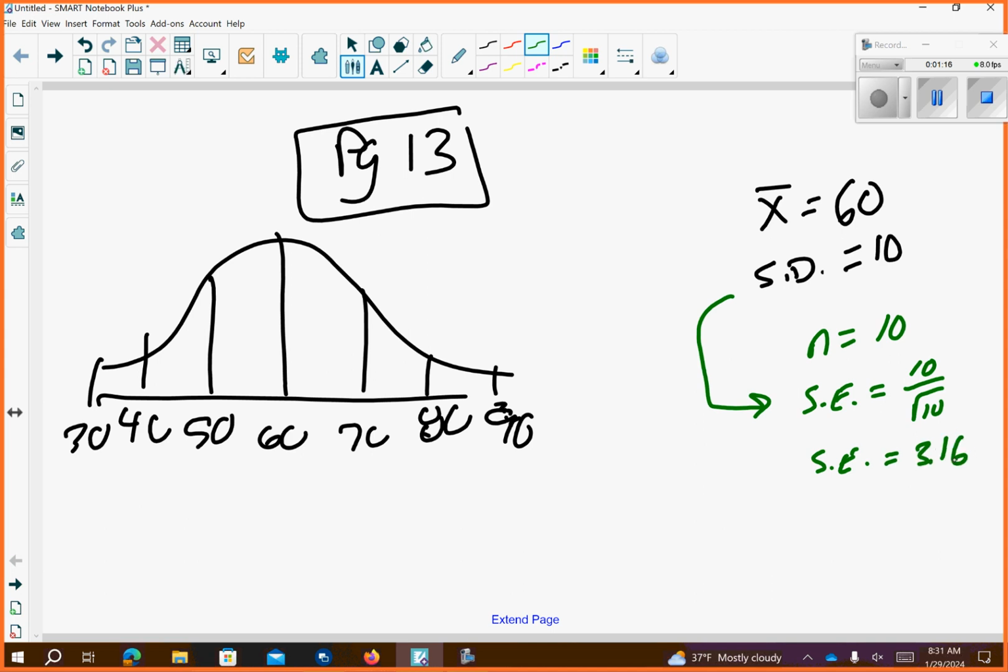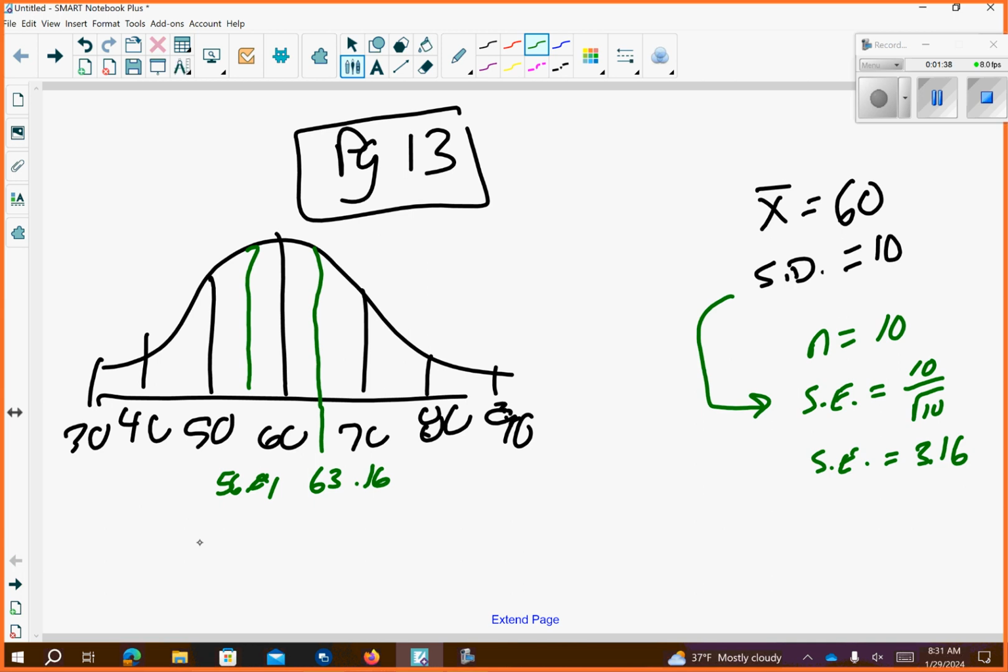So if we do our normal curve based on this, then this would be 63.16, and this would be 56.84.